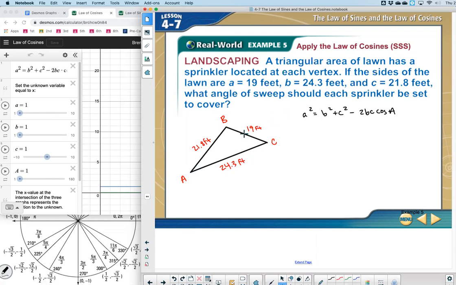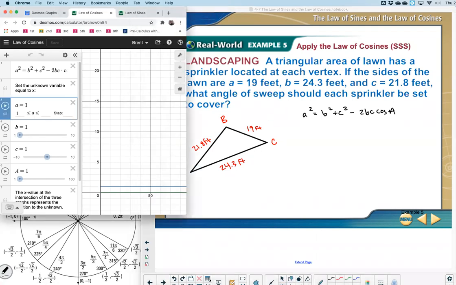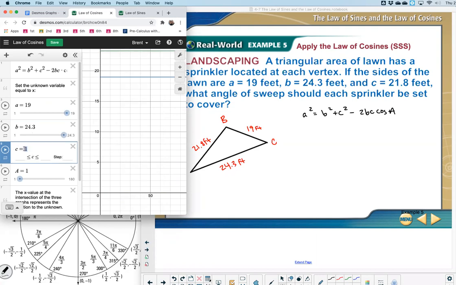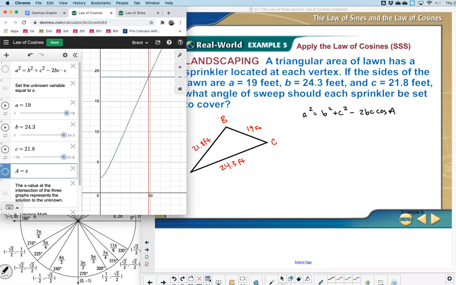So in this problem, A is 19, B is 24.3, C is 21.8. Our angle is unknown.